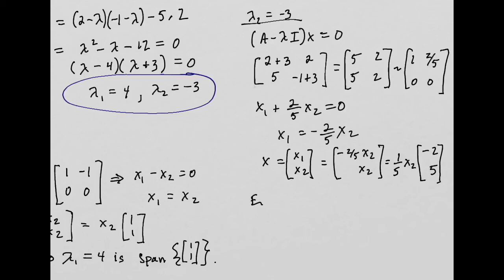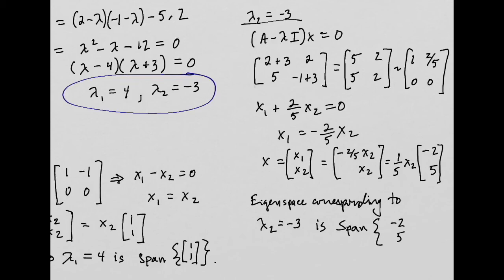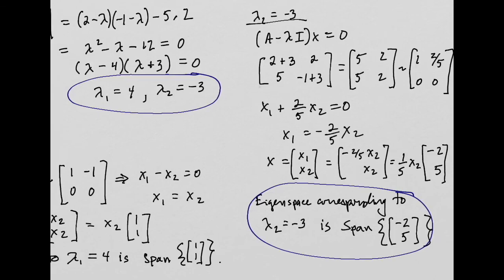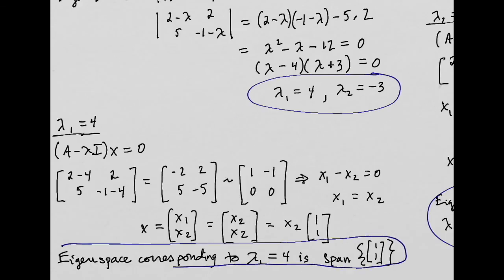So the eigenspace corresponding to lambda 2 equals minus 3 is the span of the set containing the vector minus 2, 5. So that gives us the eigenspaces. The eigenvalues and the eigenspaces.